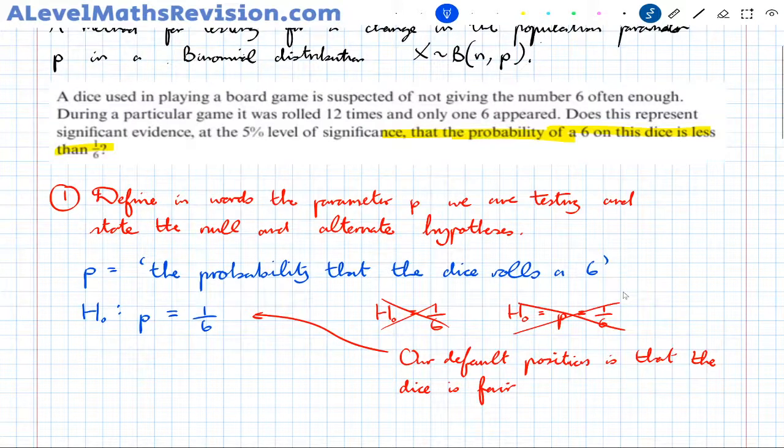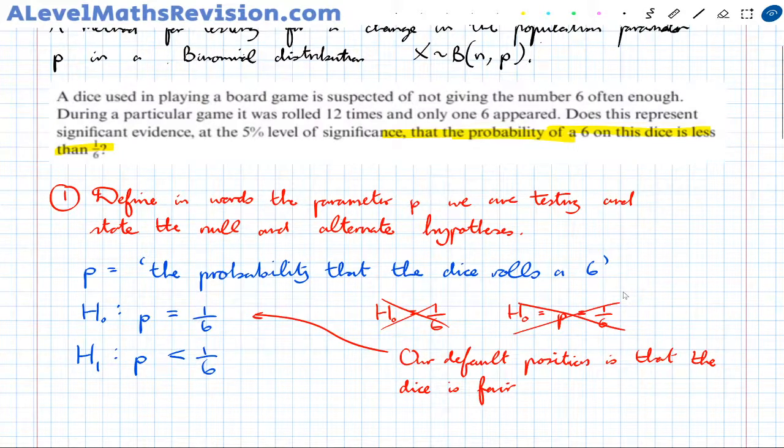So this is our alternate hypothesis. And what we're trying to do here, we suspect that this is the case. We're trying to gather enough evidence to a certain level of certainty to suggest that this is wrong. So it's much like a court case, innocent until proven guilty. We assume that the dice is indeed fair, but we're trying to gather enough evidence to show people that it's unfair.